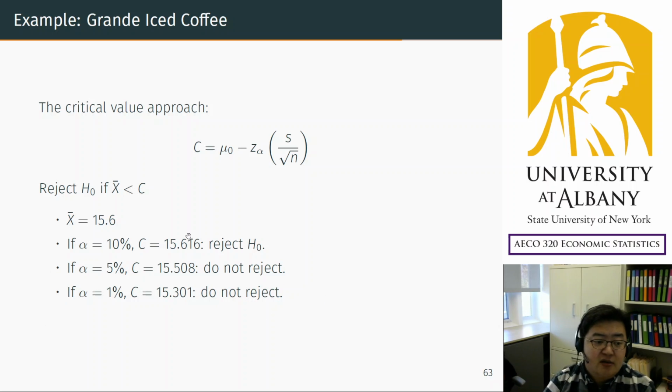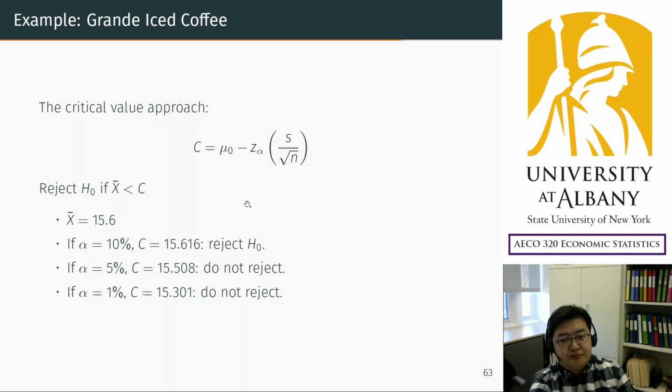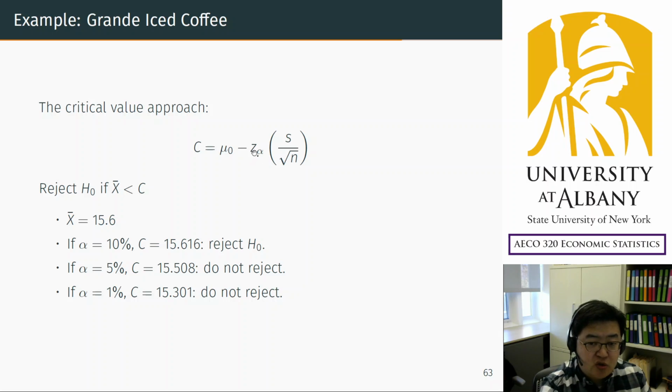And again, the rejection decision results are equivalent to the other approaches, like the p-value and t-stat approaches, as they have to be. So as you can see, if you keep in mind which direction you are rejecting, then the procedure is pretty much the same. You just need to pay a little bit of attention to these details, whether you use alpha or alpha over 2. So that's pretty much all.